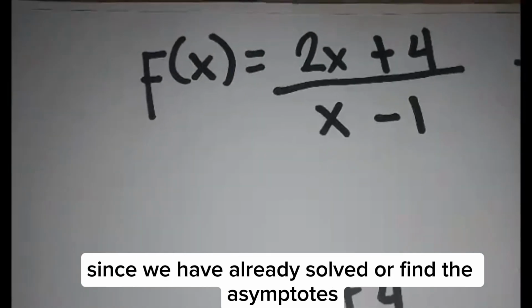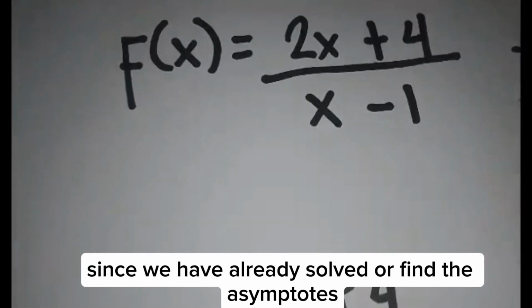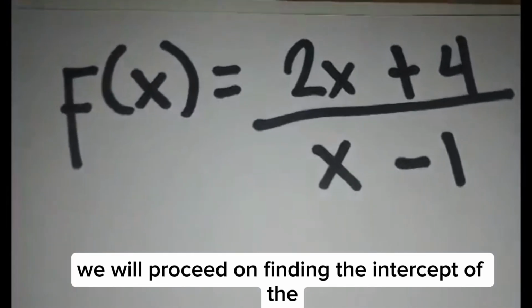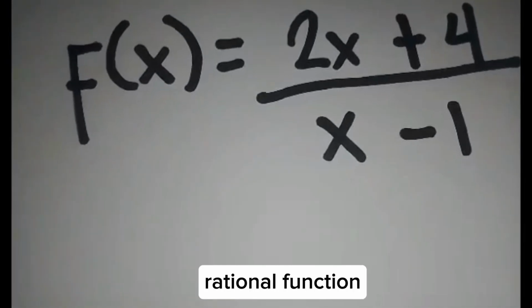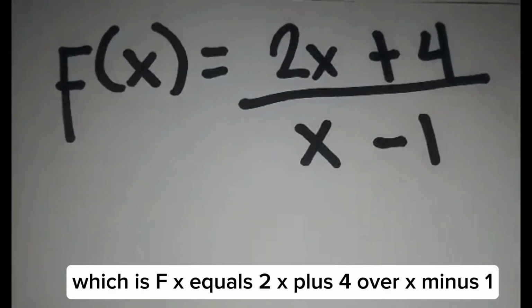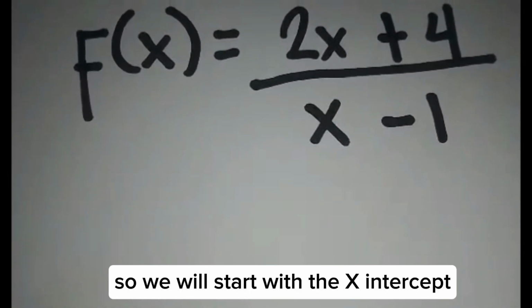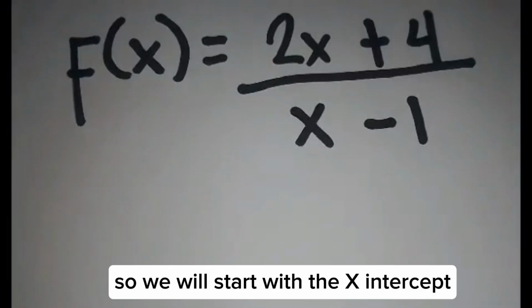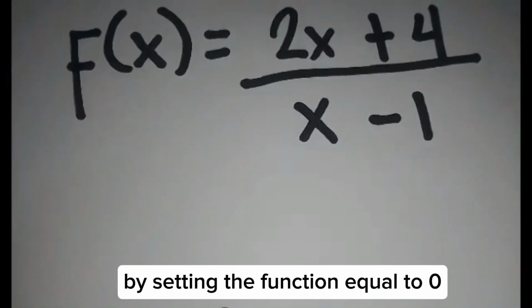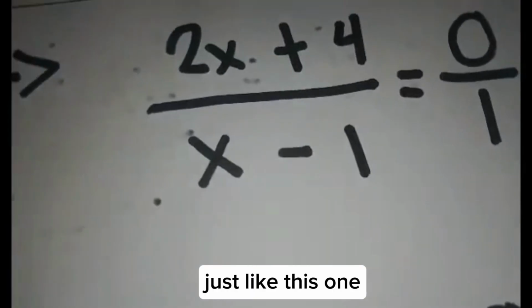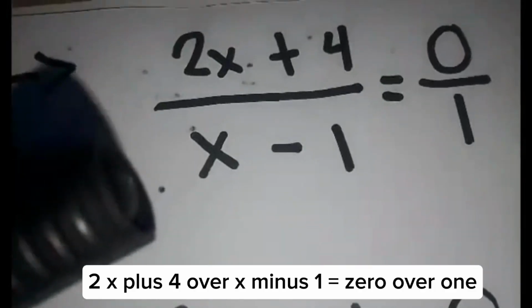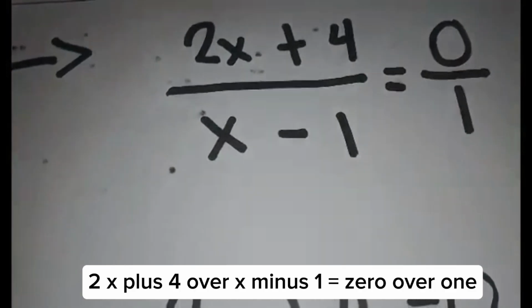Since we have already found the asymptotes, we will proceed to finding the intercepts of the rational function, which is f(x) equals 2x plus 4 over x minus 1. We will start with the x-intercept by setting the function equal to 0, just like this: 2x plus 4 over x minus 1 equals 0 over 1.